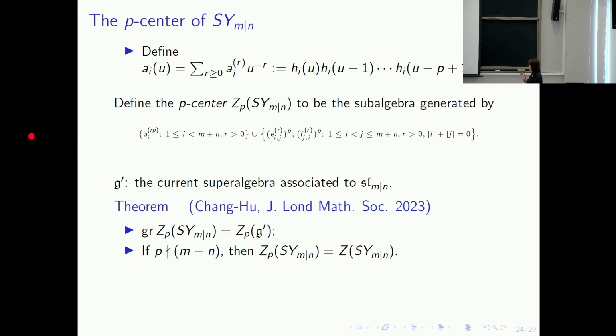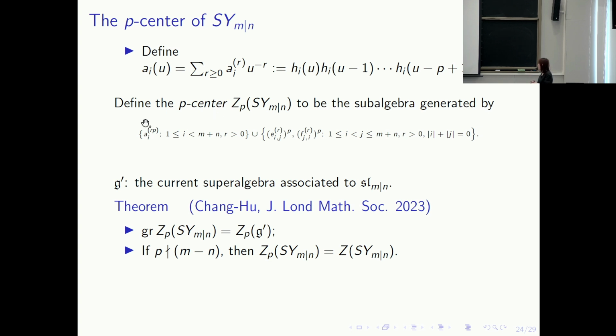Under the above assignment, we can prove that the graded structure of these subalgebras is isomorphic to the p-center of the current superalgebra associated to the special linear superalgebra sl_{M|N}.